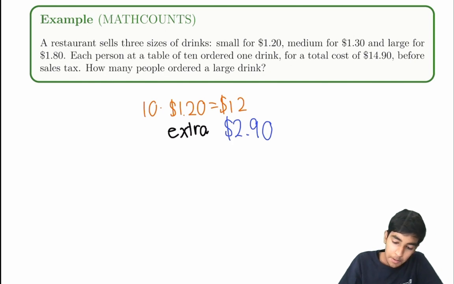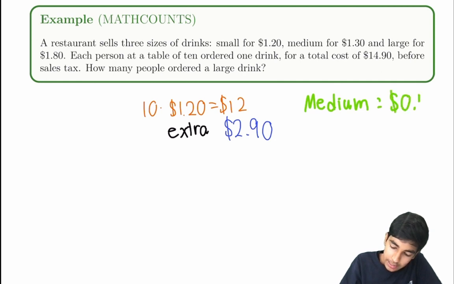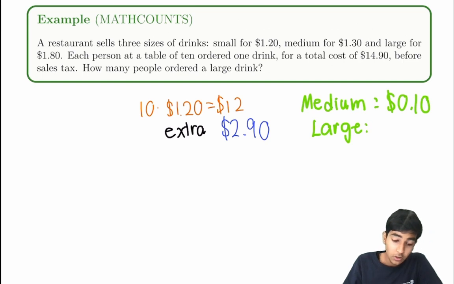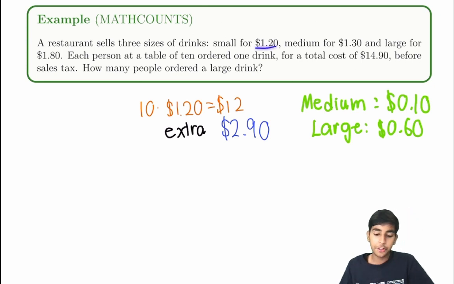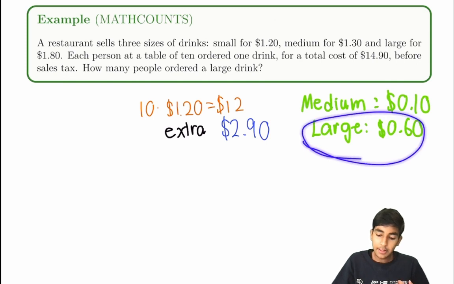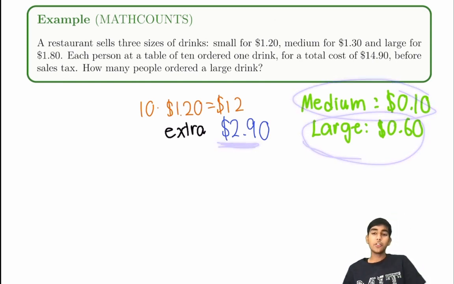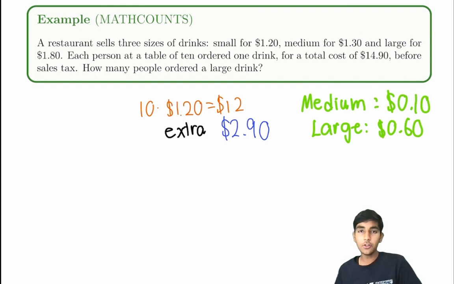The idea is medium drinks offer an extra $0.10. Large drinks offer an extra $0.60. And this is all compared to that baseline $1.20 for the small drink. So essentially the extras for the medium and larges combined must form $2.90.